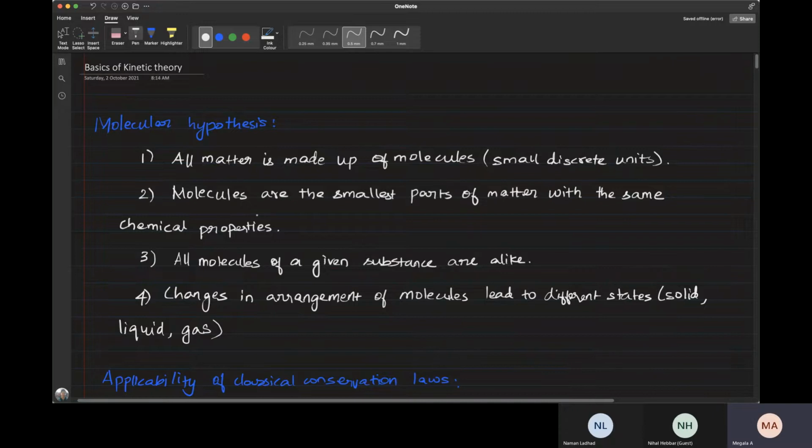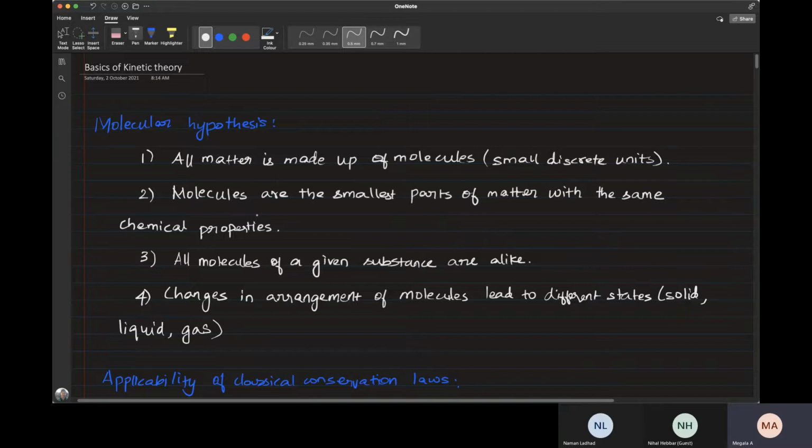First, all matter is made up of molecules, as we all know. This is an assumption that we already know of. This is a statement that we are already aware of. Next, molecules are the smallest parts of matter with the same chemical properties. We have since gone on to find other, smaller basic parts of matter as well.